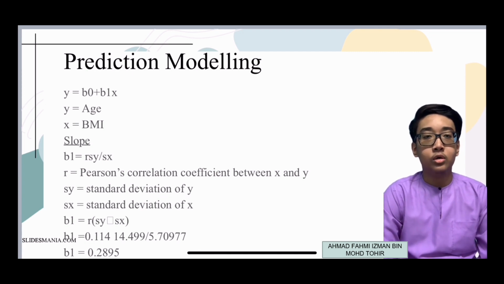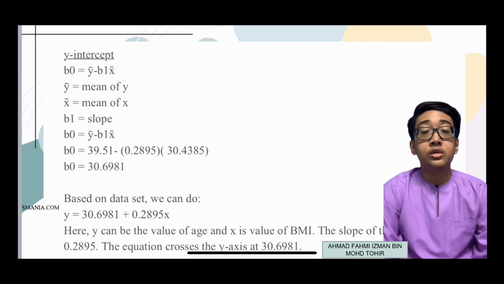So I will talk about prediction modeling. Y is equal to age, X equal to BMI. So the slope B1 is equal to r times Sy over Sx. B1 slope is equal to 0.2895. Based on the data set, we can write Y equals 30.6981 plus 0.2895X. Here Y is the value of age and X is the value of BMI.